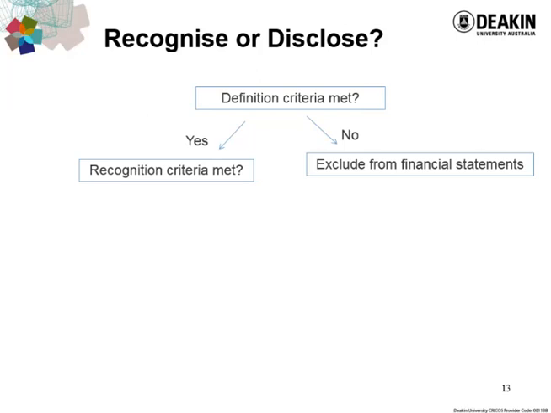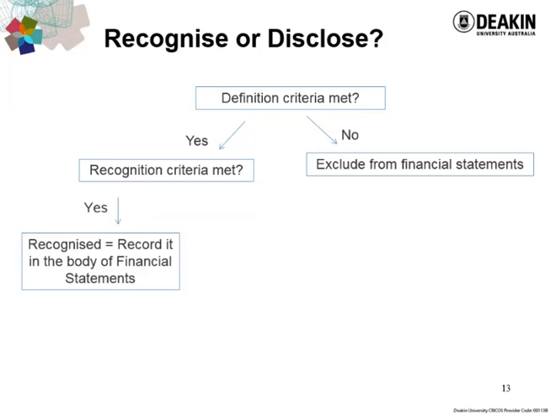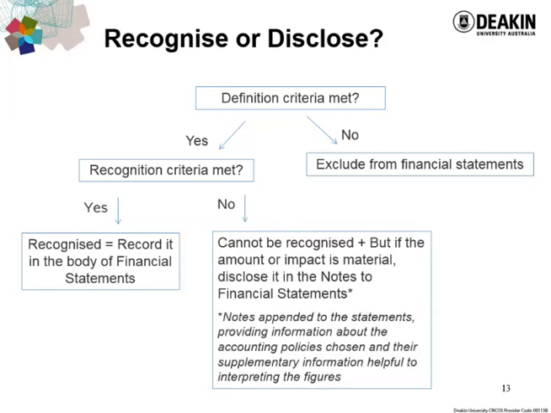If the answer is yes, we will recognize the item, meaning we will record it in the body of financial statements. If the item has met the definition criteria but failed the recognition criteria, what do we do? We cannot recognize it, meaning we cannot record it, but we may want to disclose it in the notes to financial statements if it is material.